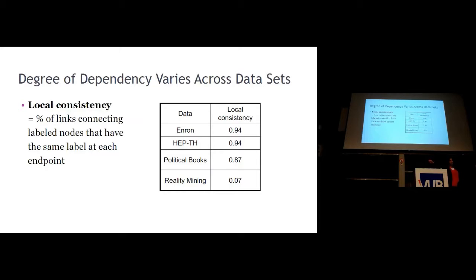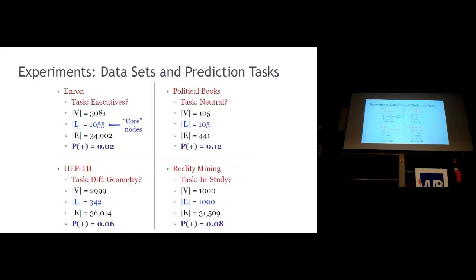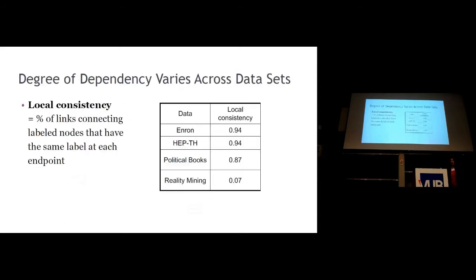That's called local consistency. So here, in the Enron, if I list all the 34,000 edges and go through them, executive, not executive, I see that there are 94% where an executive links to an executive.